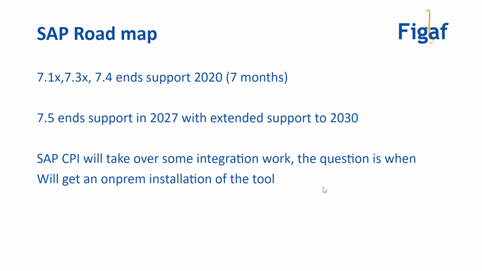SAP CPI can take over some of the integration work that you're working on. If you have a small landscape, it may be beneficial to say, okay, we'll spend a little more, do a migration to CPI, but then we don't need to install a new PI system or do an upgrade.